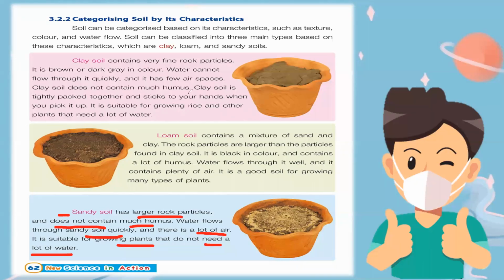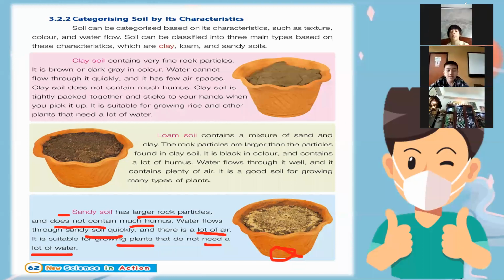So this is the third type of soil. All right, students, you understand that? You can see here in the picture, the color is not too dark, and you will find a bit larger particles in it. All right. Okay, students, you understand that? Three different types of soil. Yes.